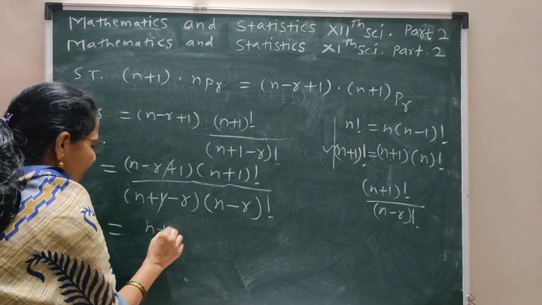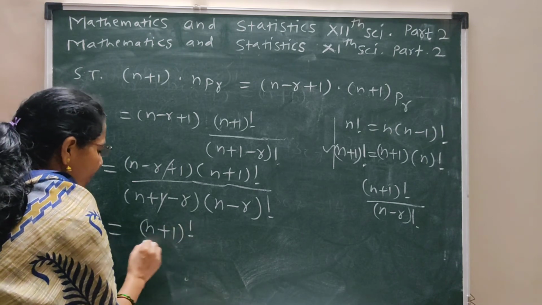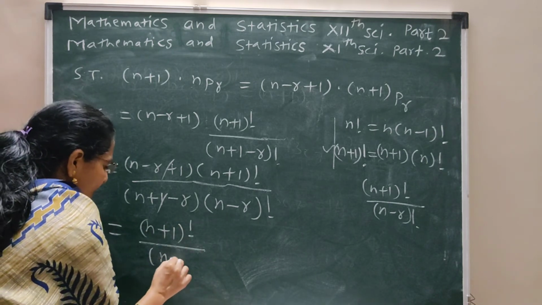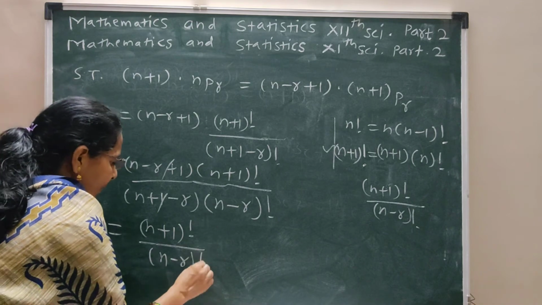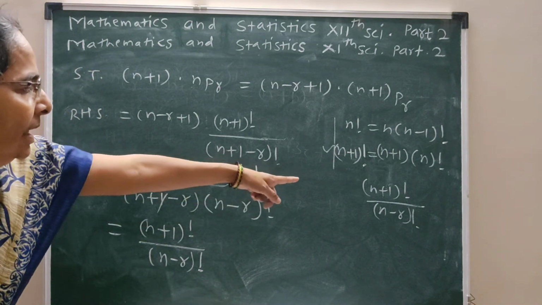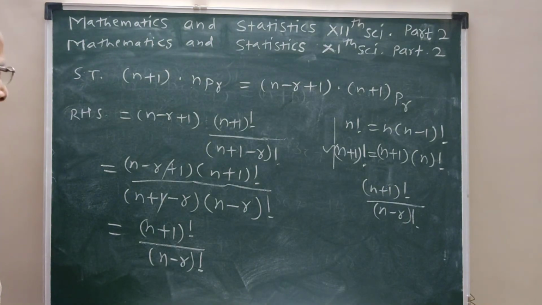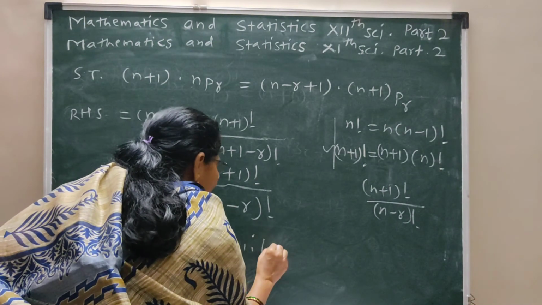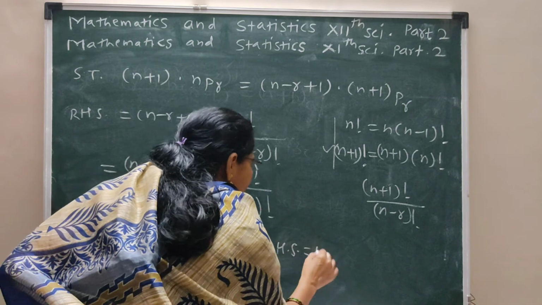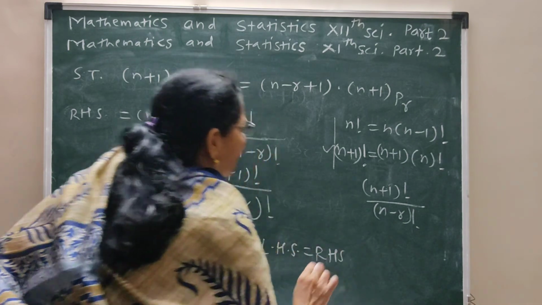We have n plus 1 factorial, and here is n minus r factorial. If we see, LHS is same and this is same. Therefore we say that LHS is equal to RHS.